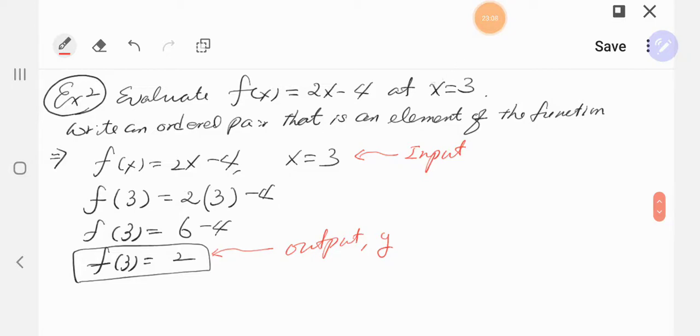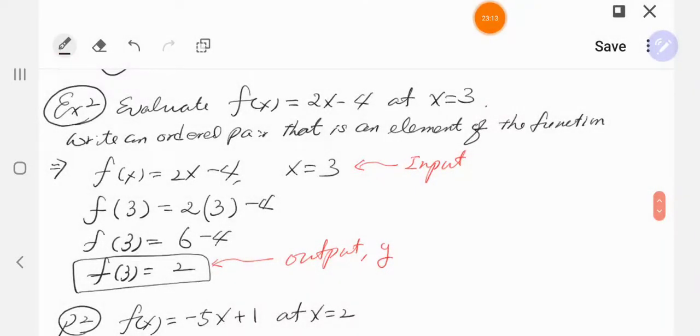Okay, that's how we evaluate a function. So we want to write the answer as an ordered pair, an ordered pair that is an element of the function. So when x equals 3, y is 2.